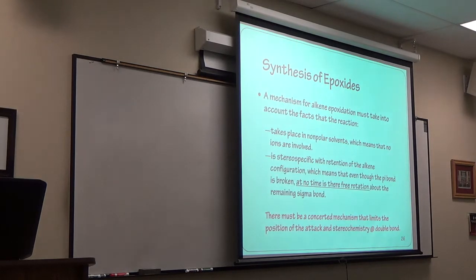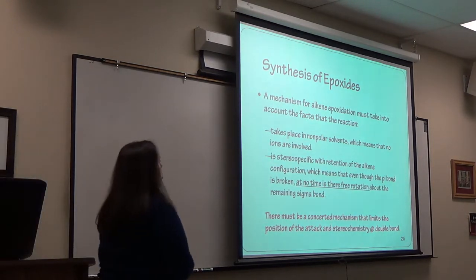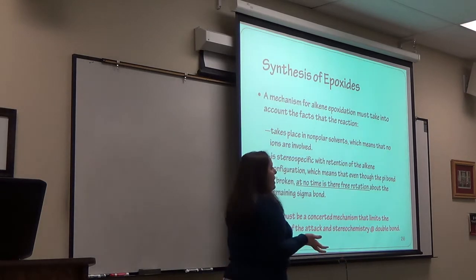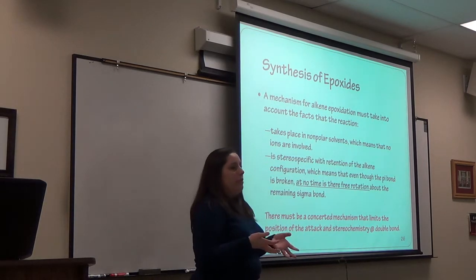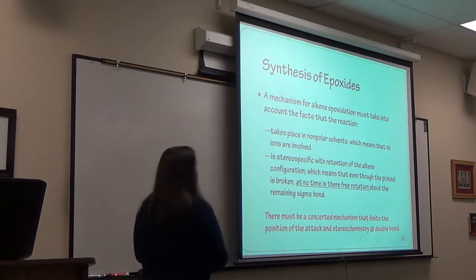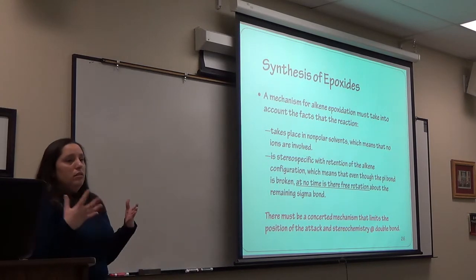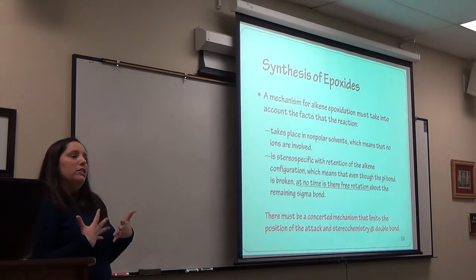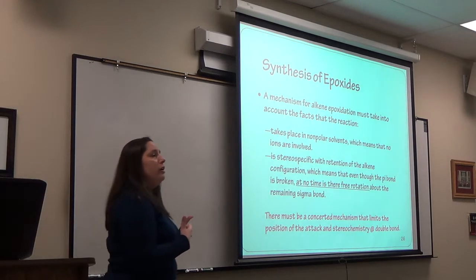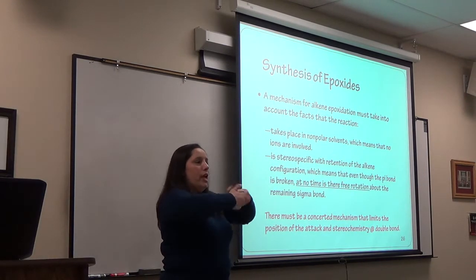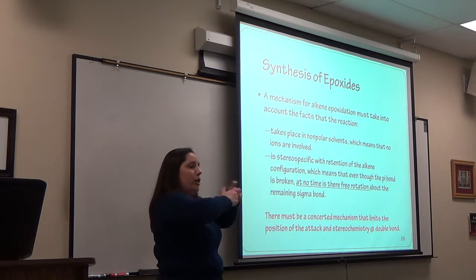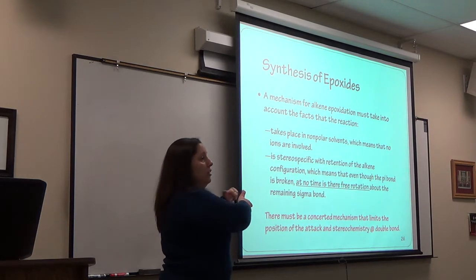So, all right, what does that then indicate is happening during this reaction mechanism? If I'm retaining this stereochemistry, it means there's never an opportunity for the carbons to rotate, for the carbon chain to be free of the double bond. Does that make sense?